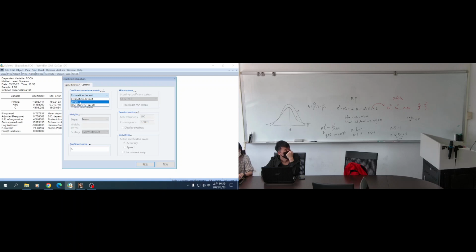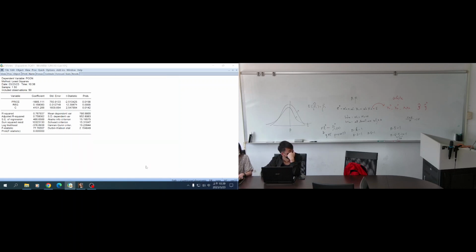So if you hit the function White, then I will compare this one.